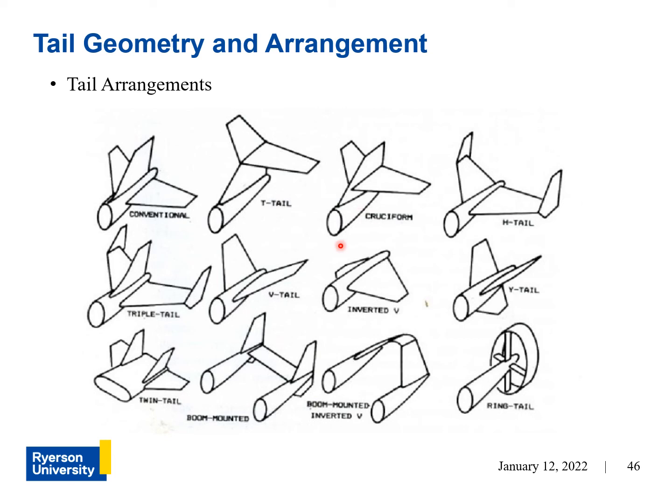Now, the cruciform arrangement is a compromise between the conventional arrangement and the T-tail arrangement. And here, the H-tail puts emphasis on the vertical tail surfaces, sort of like here, where the T-tail puts emphasis on the horizontal tail surfaces.